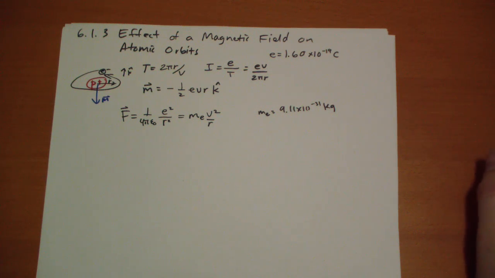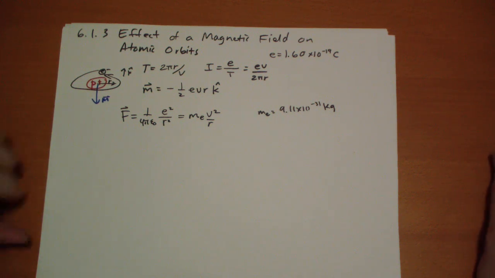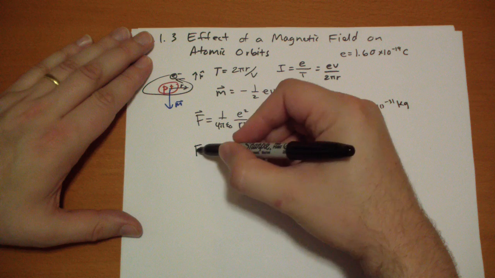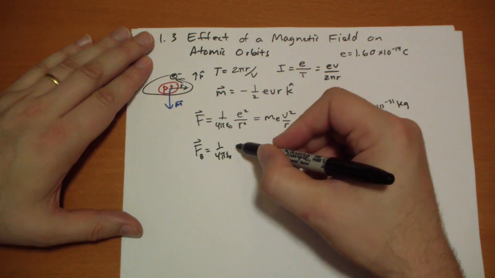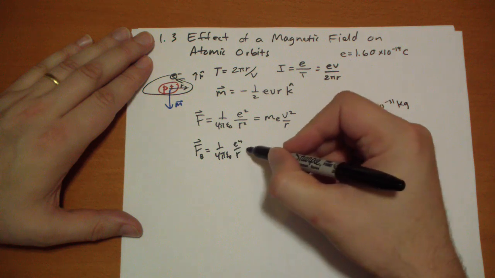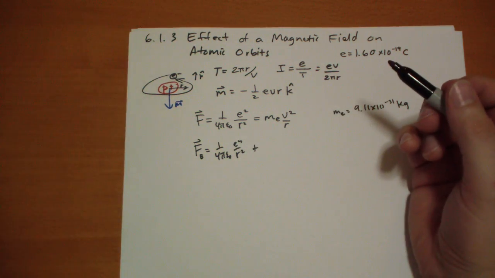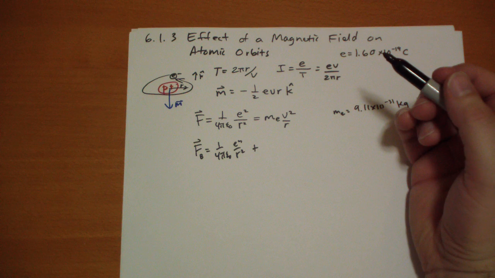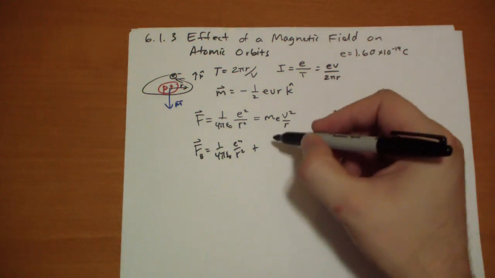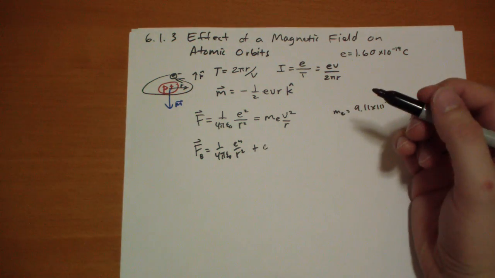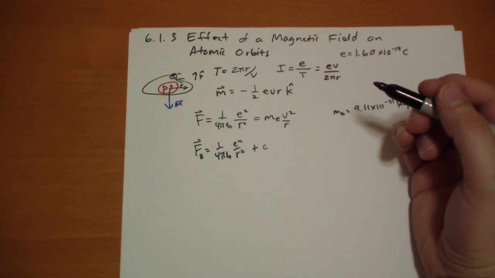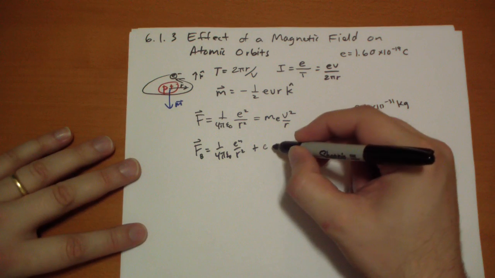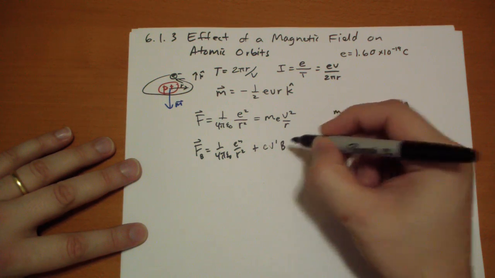When we plug in for the magnetic field, the force that it's subjected to when you have a magnetic field in there is the electric force, E squared over R squared, plus QV cross B. So E is the electric field, and V prime, the new velocity, times the magnetic field.